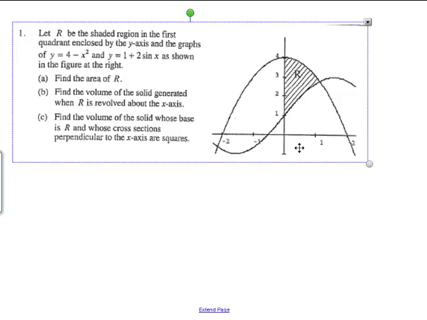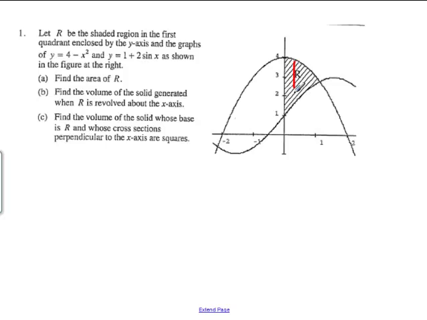What about the volume of the solid generated when it's rotated around the x-axis? Well, okay, we've done these problems before. Here's the radius of my top disk.